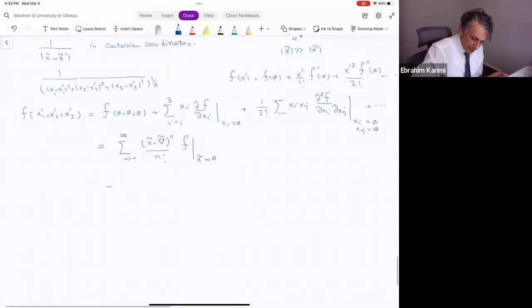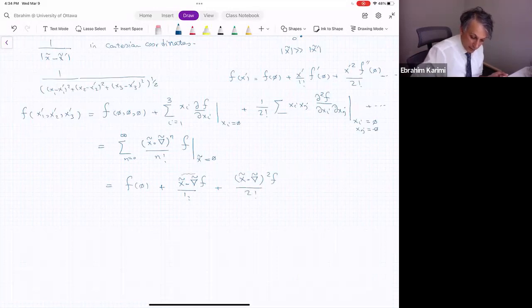So I can do the expansions. The first term will be f of 0. The second term will be x dot nabla acting on f divided by 1 factorial. The other one will be (x dot nabla) power of 2 acting on f divided by 2 factorial.